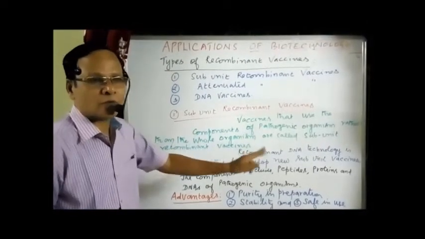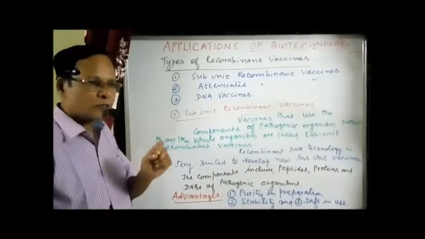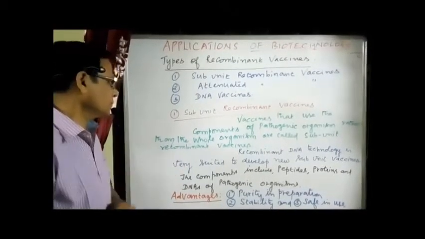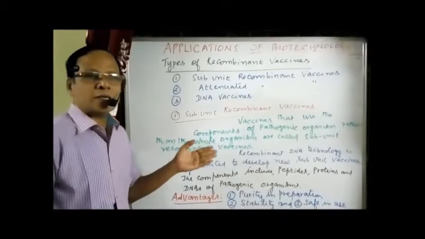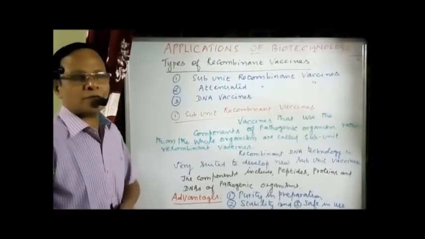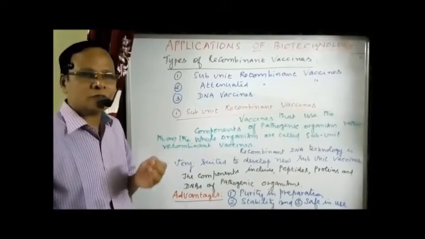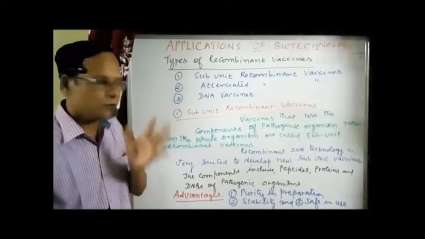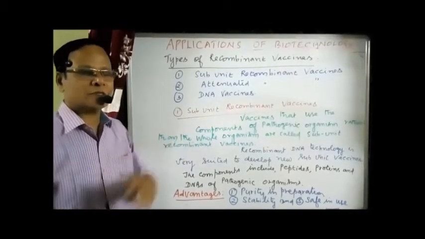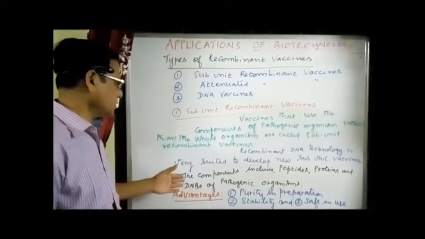So only the subunits of the organism are used, not the whole organism. Now recombinant DNA technology is very much used for the development of subunit vaccines. New subunit vaccines have been produced because of recombinant DNA technology. That's the best method. Now what is the advantage?